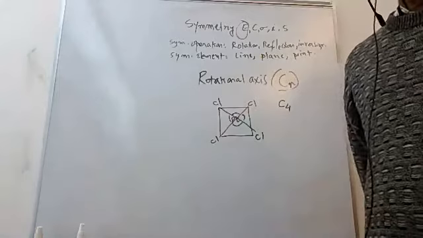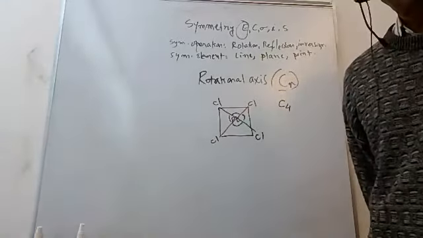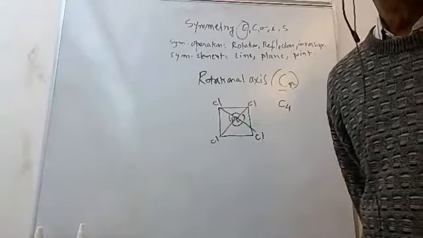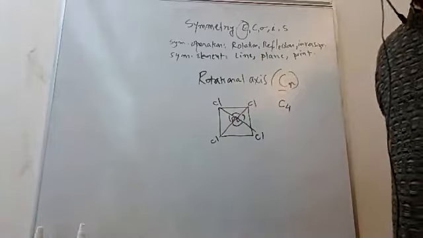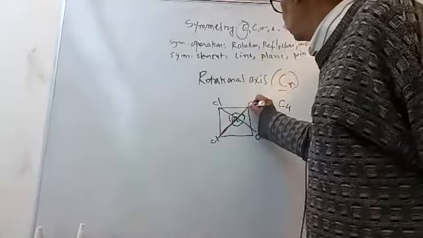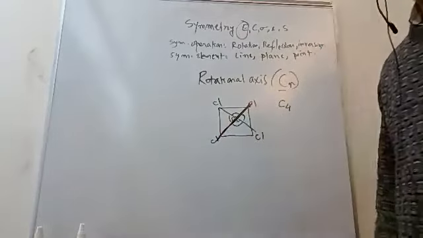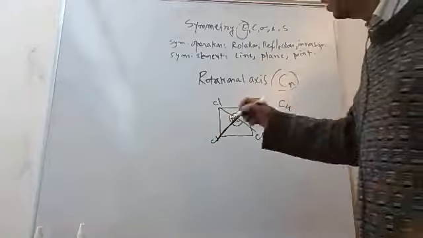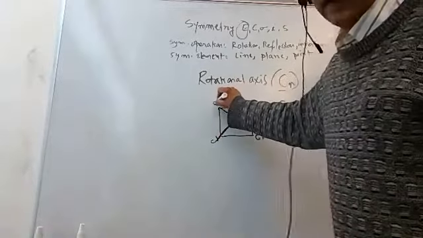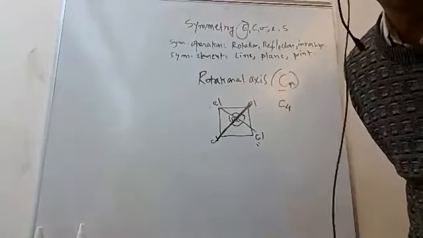What other rotational axes of symmetry does this have in addition to C4? Does it have a C2? If you look at this bond here, Cl, Pt, Cl, that line, if you rotate this entire molecule along that line by 180 degrees, the Cl is replaced with this Cl, that Cl goes there, and the resulting structure looks exactly the same.